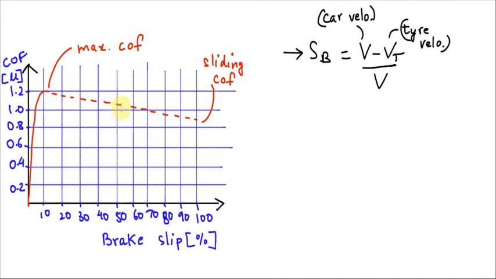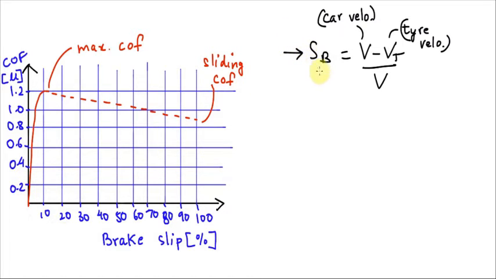This is just an imaginary line to make us understand the relationship between the coefficient of friction and the brake slip. At 100% slip, we can see that the coefficient of friction is about 0.9 or something. But here, just to make you understand, the graph explains how the brake slip occurs with the different coefficients of friction present between the tires and the road surface.